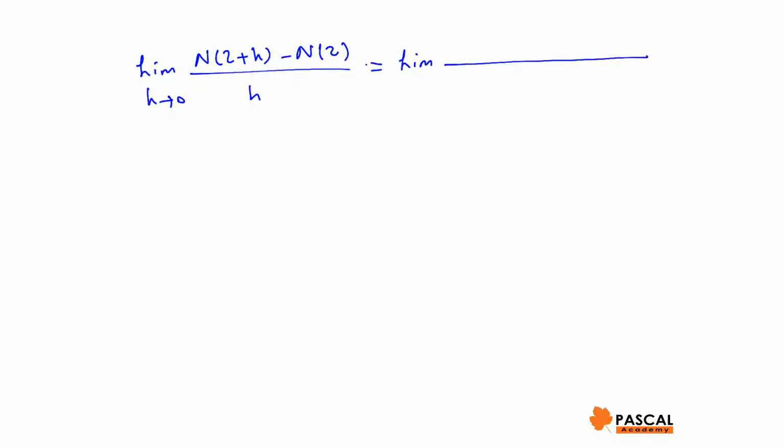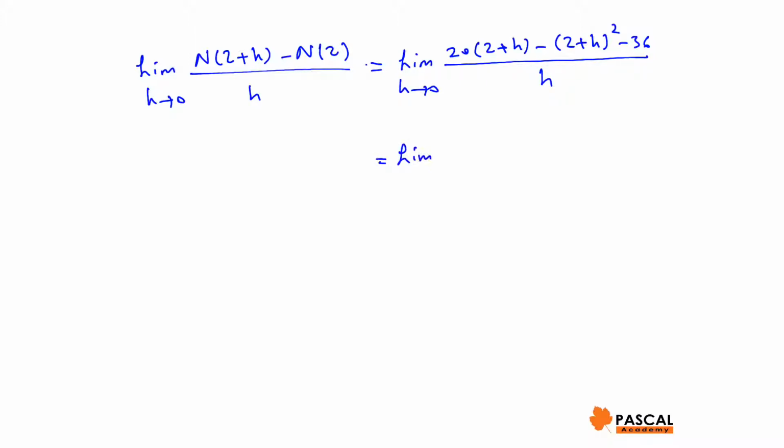The limit of N(2 plus h) minus N(2) divided by h as h approaches 0 is the answer, which is the same as the limit of N(2 plus h) is 20 times (2 plus h) minus (2 plus h) to the power of 2, and N(2) is 36 as we calculated in the previous part, divided by h as h approaches 0.